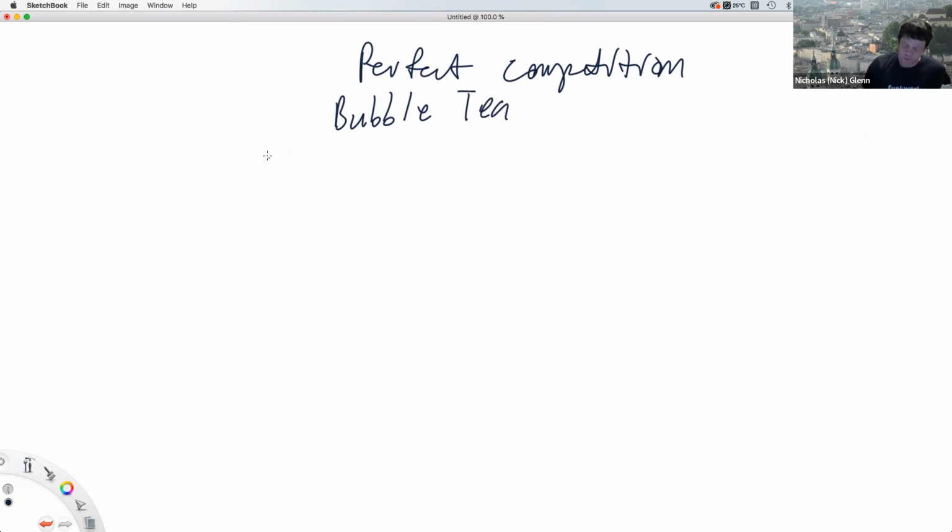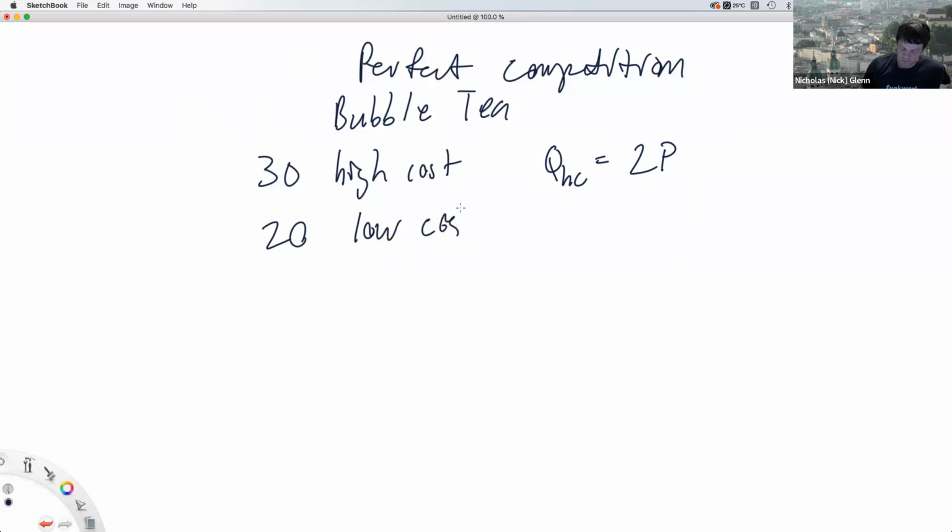There's going to be 30 of them that we call high cost, and their supply can be represented by 2p. What about the low cost? There's going to be 20 of these, and we're going to represent their supply with 5p.